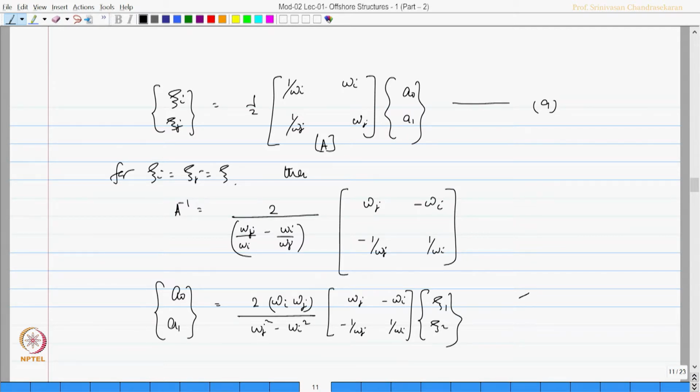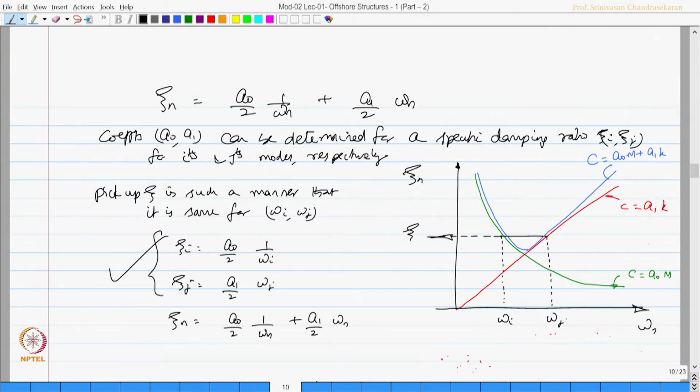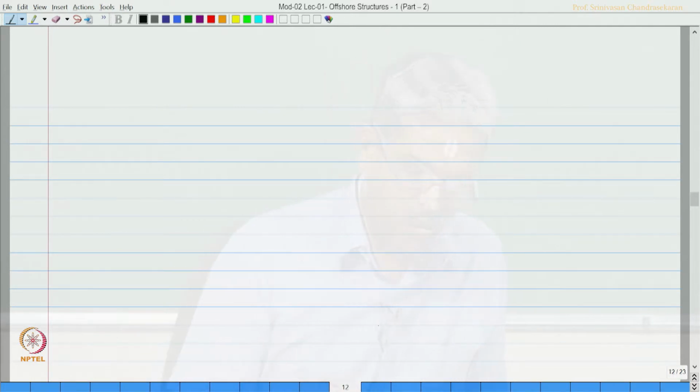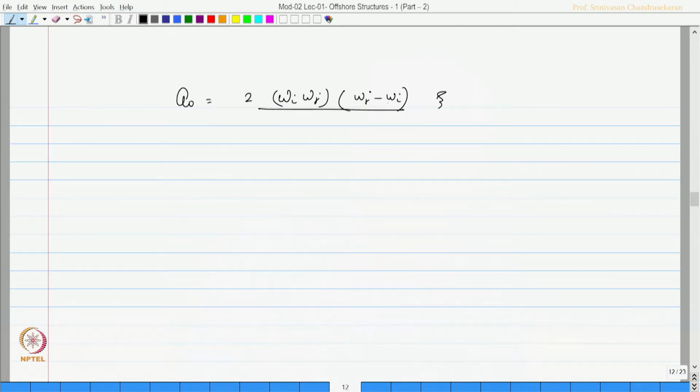We now say zeta 1, zeta 2 are the same zeta; that is a condition. You see here omega 1 zeta 1, omega 2 zeta 2, they should be the same zeta. For this condition, I can now say A0 is going to be twice of omega i omega j into omega j minus omega i of zeta, divided by omega j square minus omega i square.